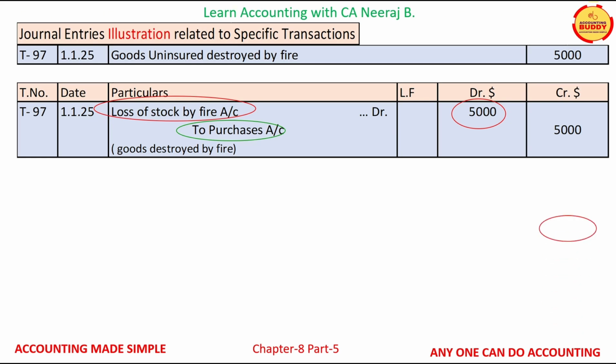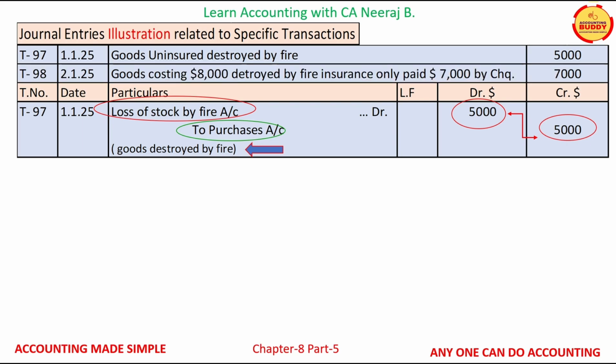Purchase is credited as it is not a sale. Therefore, this transaction is recorded for $5000 by debiting loss of stock by fire account and crediting purchase account with proper narration for the entry. In this transaction, since the goods were not insured, the total value of the goods destroyed is a business loss.